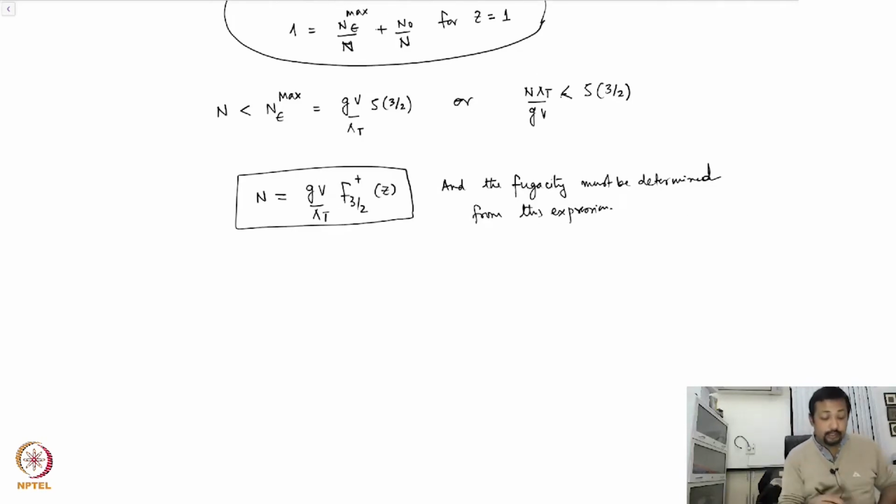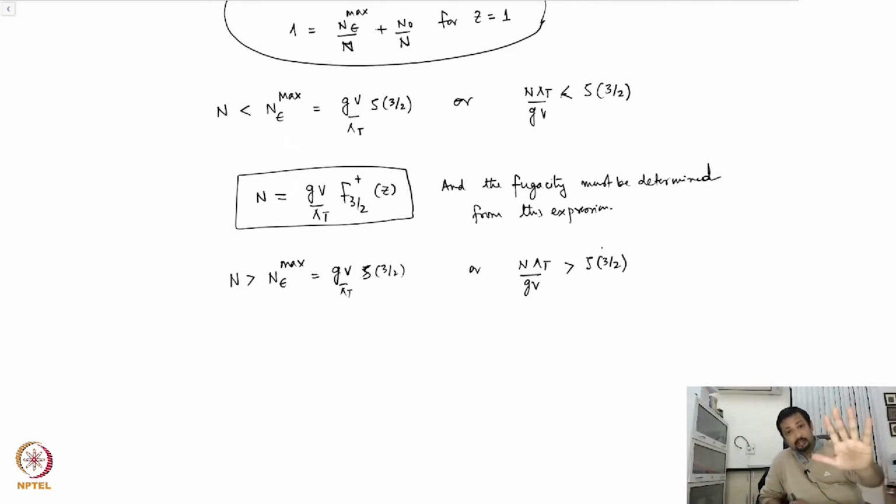Now, in contrast, when N is greater than N epsilon max, which is GV over lambda T zeta 3/2, or N lambda T over GV is greater than zeta of 3/2, then you have hit the limit in putting particles in the excited states.